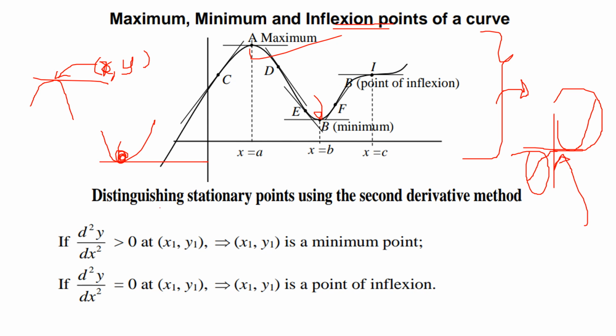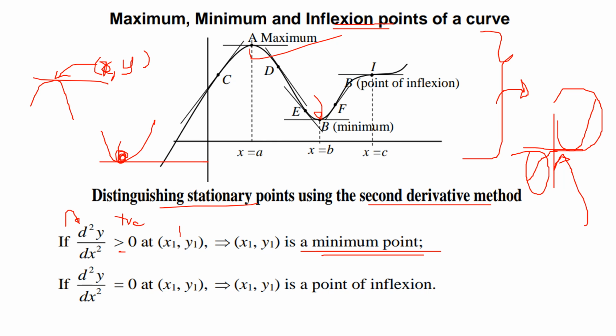So let's look at distinguishing stationary points using the second derivative method. If the second derivative is greater than 0, that means the coordinate x1, y1 is a minimum point. Whenever you substitute, as you handle the examples, and you get your second derivative to be greater than 0, that means positive, the point you are dealing with is called a minimum point.